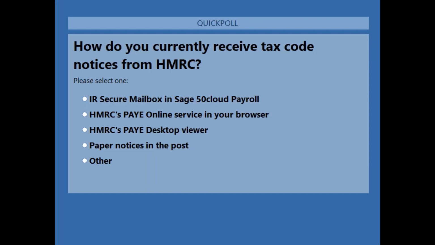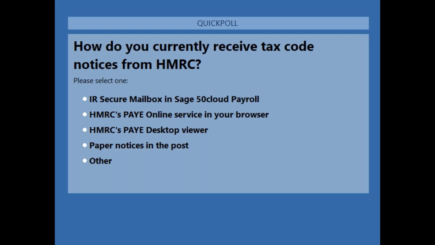And if you could answer by selecting either the IR Secure Mailbox in Sage 50 Cloud Payroll, perhaps you sign in to HMRC's PAYE online service in your usual web browser. You might use HMRC's PAYE desktop viewer, or some of you might still get paper notices in the post. So have a look through those options.